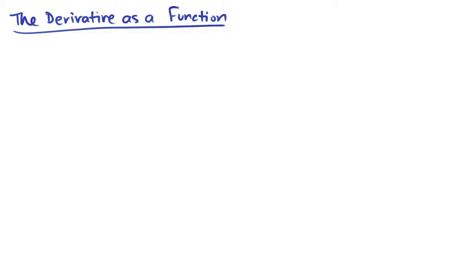Okay, the derivative as a function. So we took a look at derivatives yesterday, but now we're going to take a look at them in terms of functions. And it is true that a function's derivative is calculable.